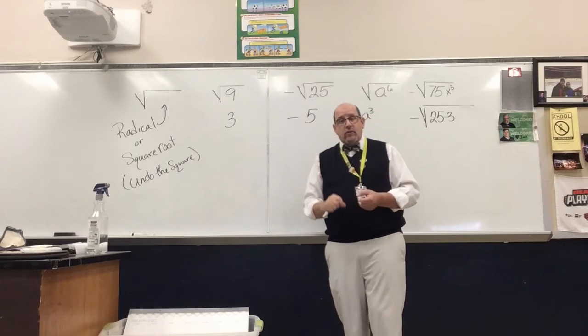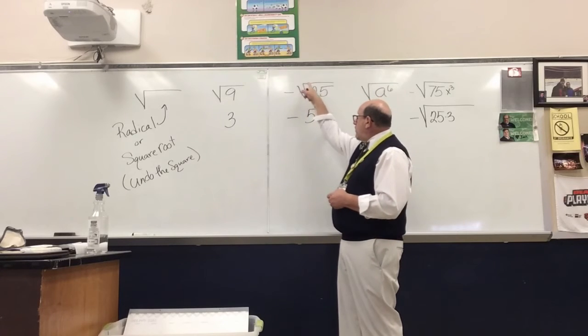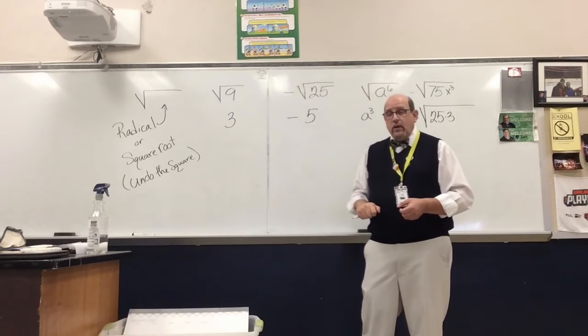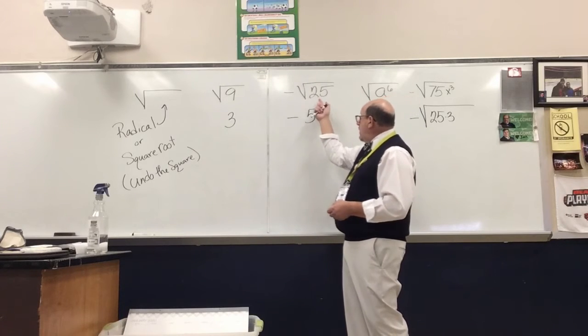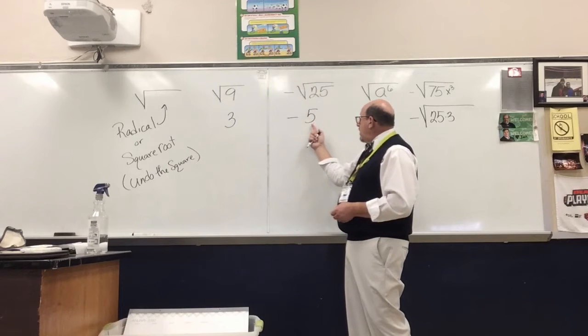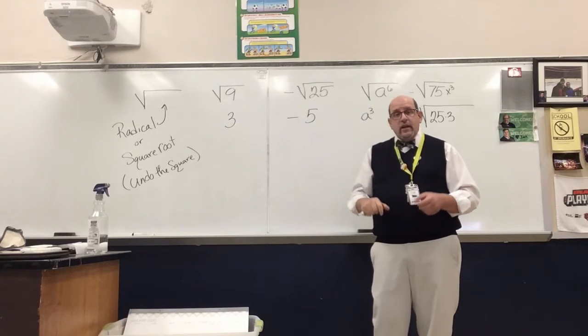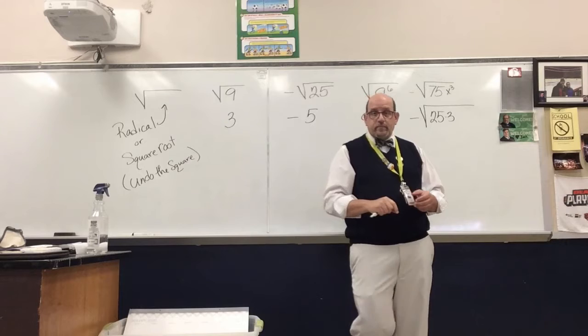We know that that's a perfect square. And that square root symbol, or that radical, undoes that square. And so we say the square root of 25 is 5. The negative has been brought down, so our final simplification is negative 5.